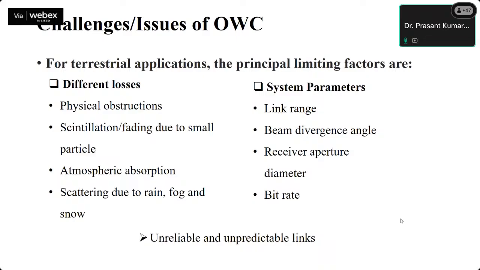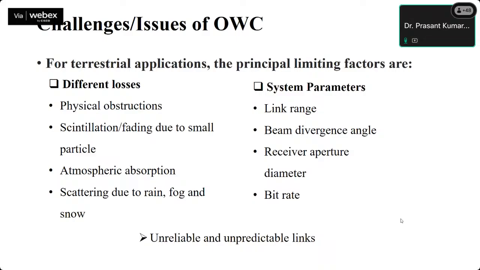These are some of the losses that your optical signal will encounter while passing over the optical wireless channel. Other losses are related to the system parameters, like the link range, the beam divergence angle, the receiver and transmitter aperture diameters, and the selected bit rate.